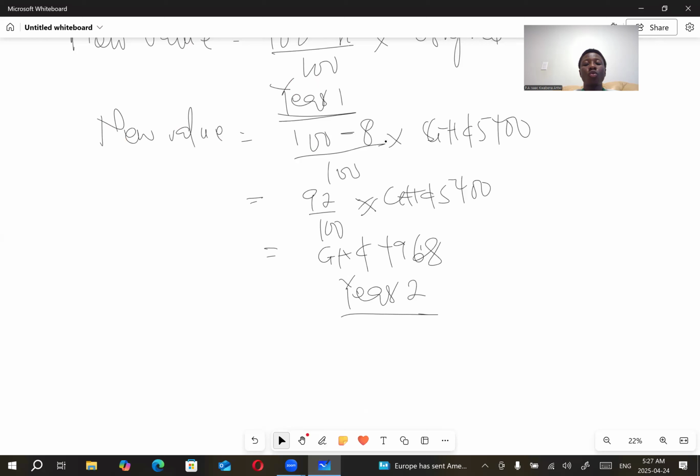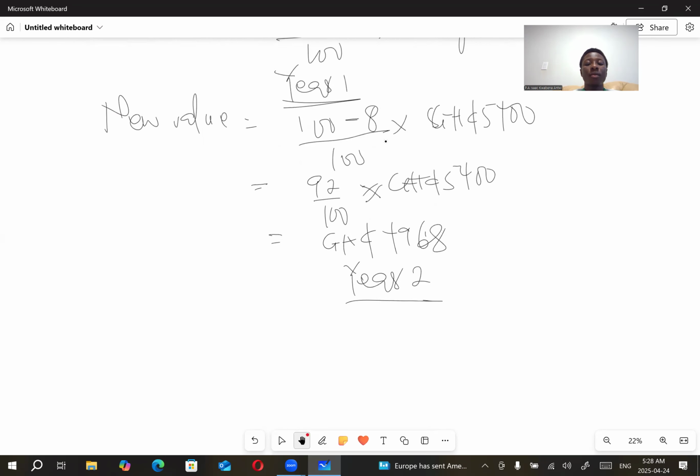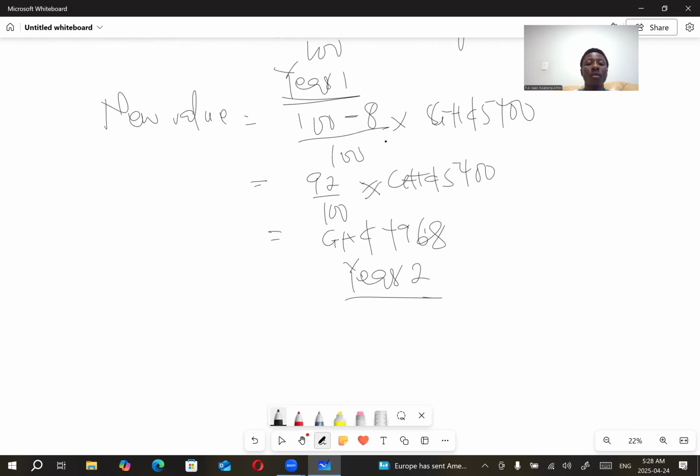Okay. Year two, new value will be equal to, so now the machine is no longer 5,004 but 4,968.